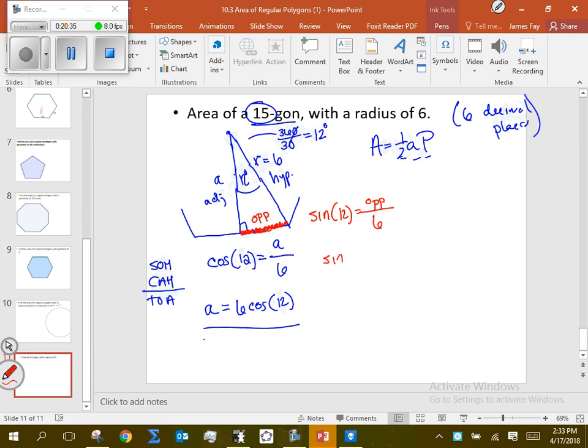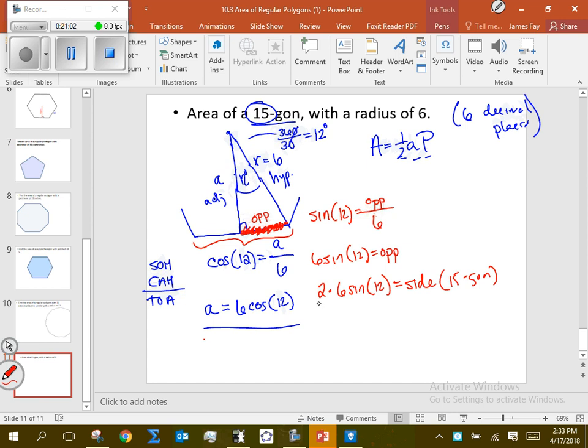And then 6 sine of 12 would be that opposite distance. It'd be that red distance. Now, what do I do with that red distance to get that distance? Multiply it by 2. So I'm going to take 2 times 6 sine of 12. Okay? And that should equal a side of the 15 gon, right?